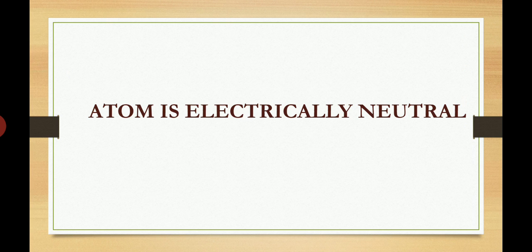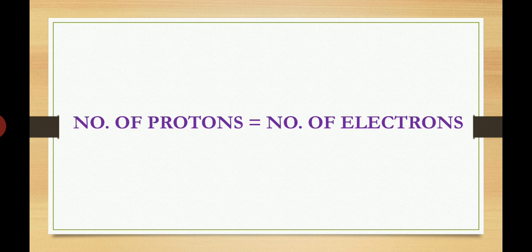Now one thing we have to keep in mind is, in an atom, the number of protons is equal to the number of electrons. That means if in any element the proton number is 4, then obviously the electrons present in that particular atom are also 4. Clear?